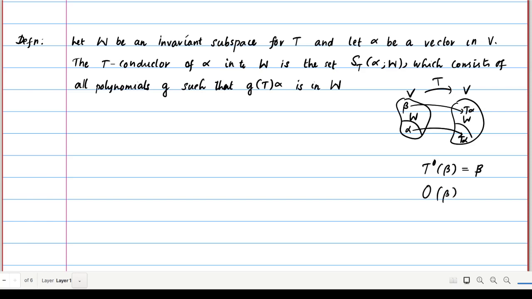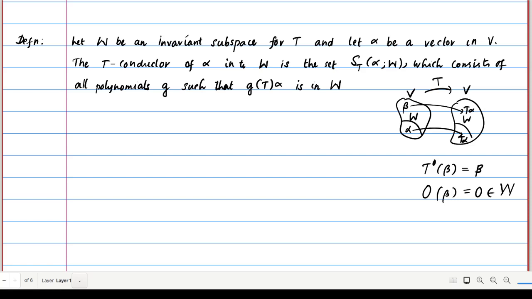If you take 0 of beta, this is always 0, which belongs to V and belongs to W as well. That means if you consider some power of T, or the zero linear transformation, then the action of 0 will give images in W. But if we consider T, then we cannot assume that it is in W.